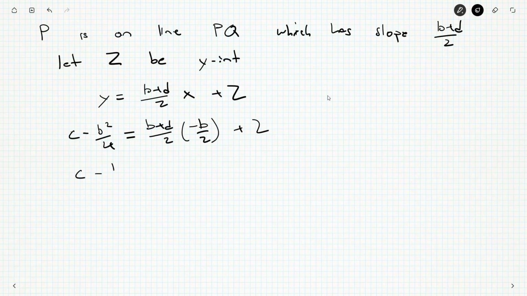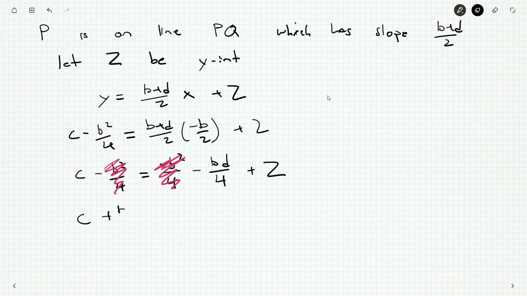And we get c minus b squared over 4 equals negative b squared over 4 minus bd over 4 plus z. Once again, the negative b squared over 4 will cancel out. And I will bring the bd over 4 over to the other side.